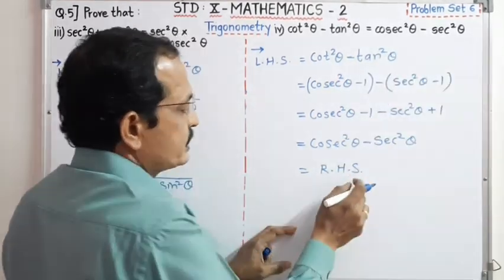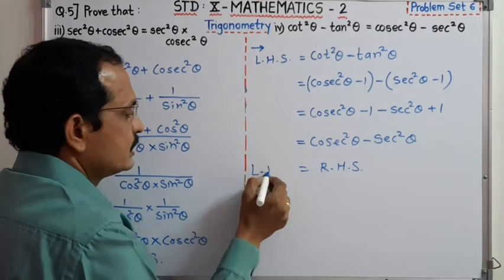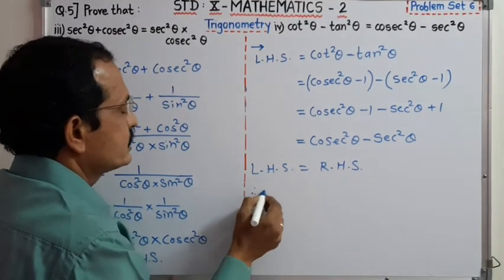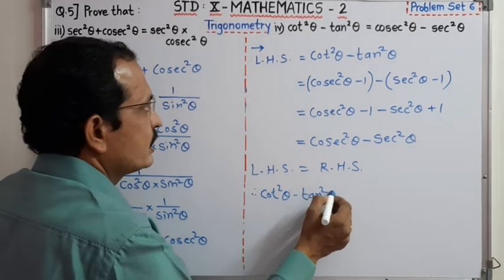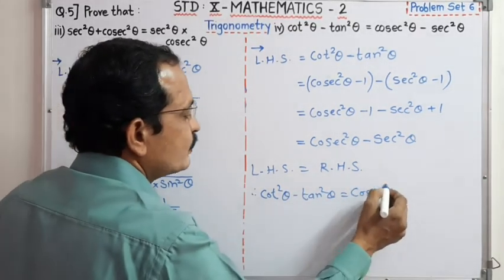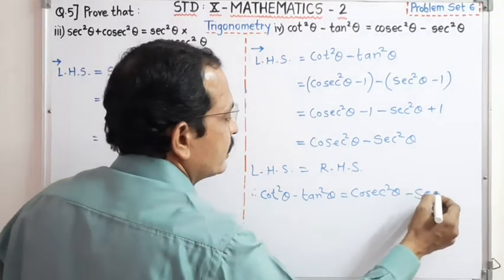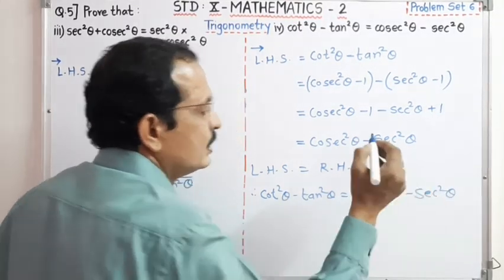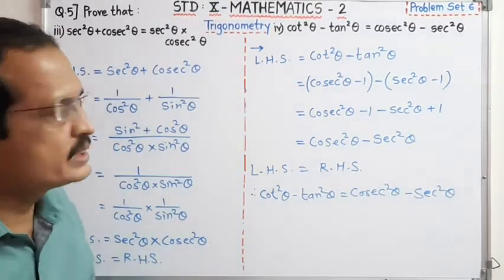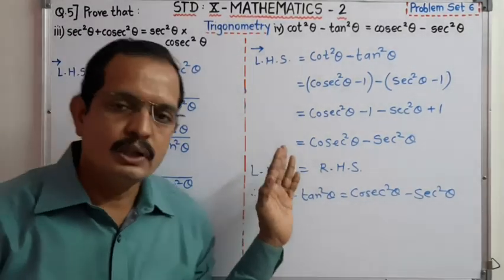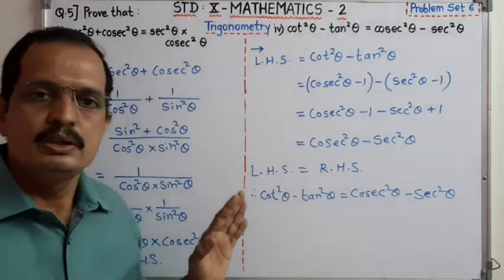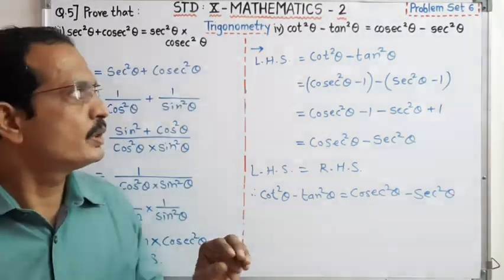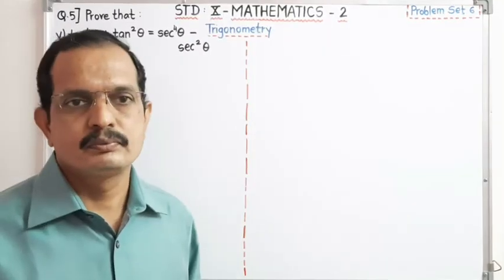Cosec square theta minus sec square theta, therefore this LHS is equal to RHS, therefore cot square theta minus tan square theta is equal to cosec square theta minus sec square theta. I think very simple. If you understand, if you do the practice, then it is very easy to solve the sums. Now we have to start with the next one.